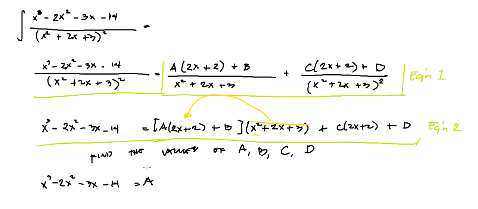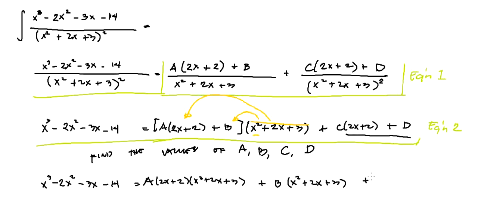So we have A times 2x plus 2 by x squared plus 2x plus 3, then plus B, this part is B times x squared plus 2x plus 3, then plus this part C times 2x plus 2 plus D.